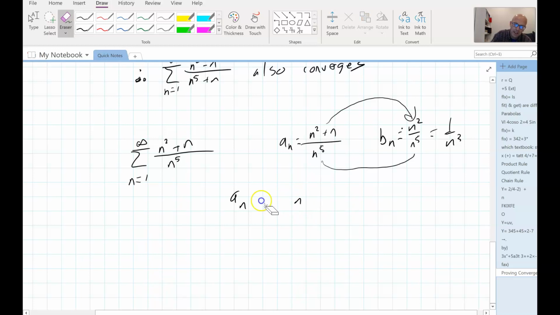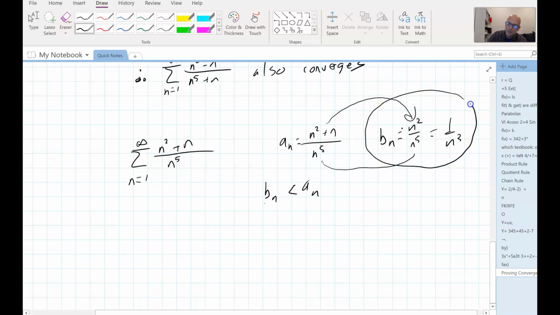In fact, I could say with confidence that my b sub n is always smaller than a sub n, because the bottoms are the same and the top of a sub n is bigger than the top of b sub n. And that doesn't work because we know that the series associated with b sub n converges. And I don't want the smaller one converging, because that doesn't tell me anything about the bigger one.